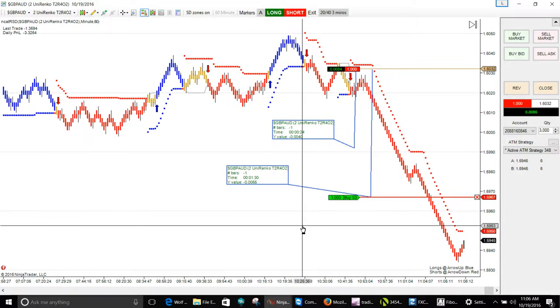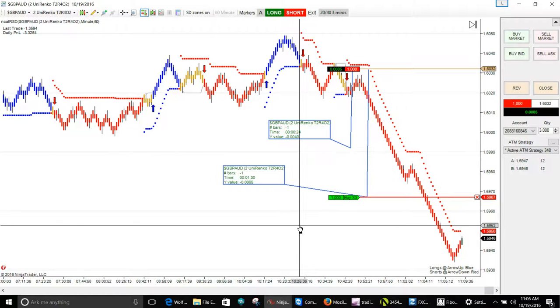And this was Earl Henley's favorite pair to test any kind of strategy on, because you can trade it in any session, and it will catch 20 to 40 pips very consistently, especially 20 pips very consistently throughout 3 sessions. The European session, the New York session, and the Asian session.